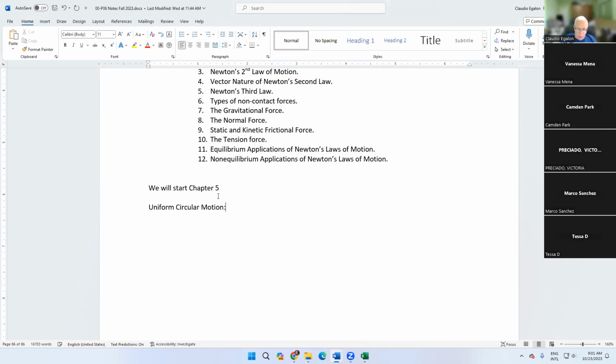Okay, so this is circular motion at constant speed, not constant velocity.